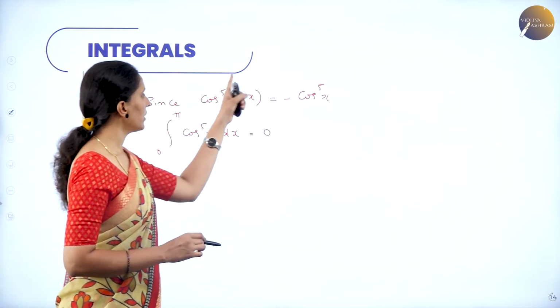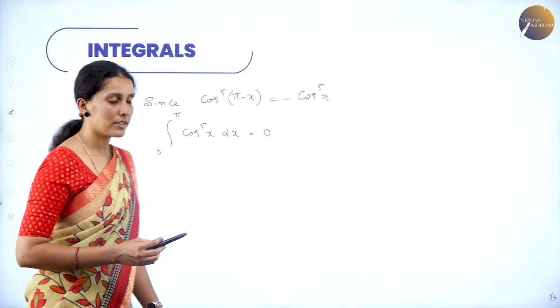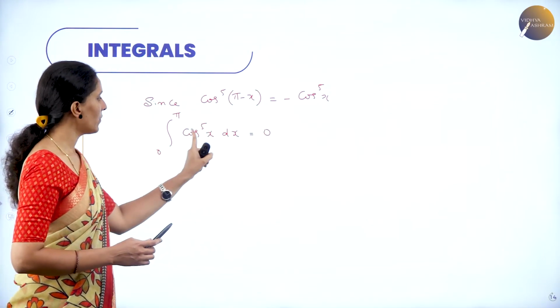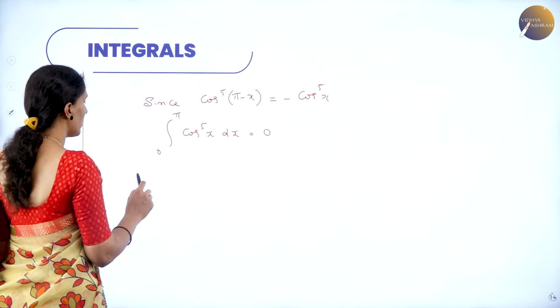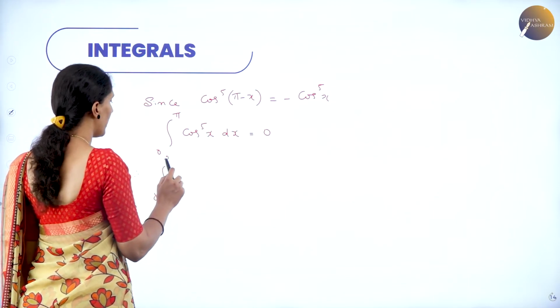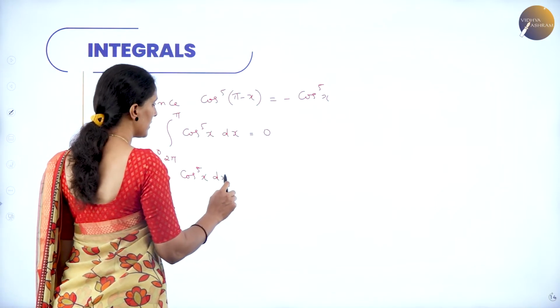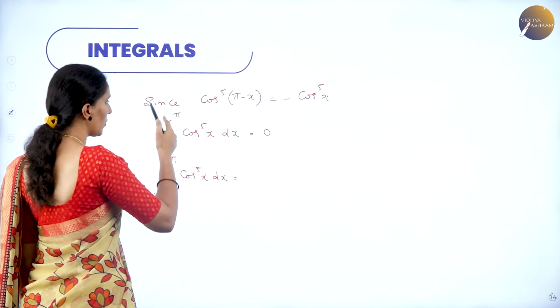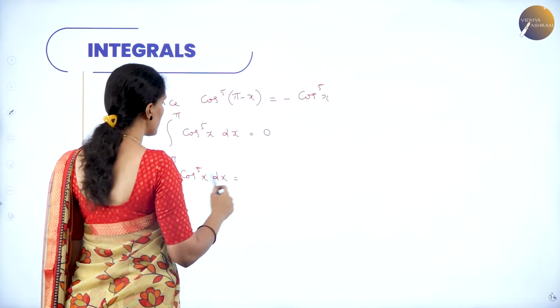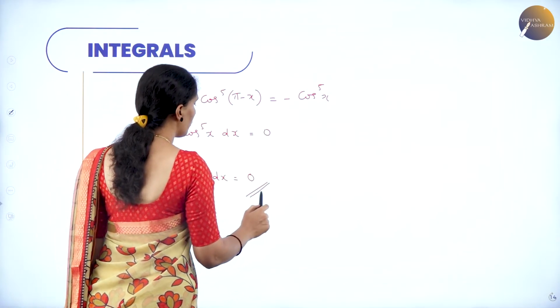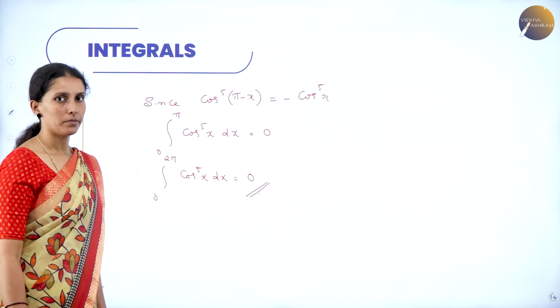Because here you are getting f(a - x) as minus f(x), and this is negative, hence this integral is 0. So the integral from 0 to 2 pi of cos^5 x dx is 2 times the integral from 0 to pi. Since this is 0, 2 times 0 is also 0. Hence the value of the given integral is 0.